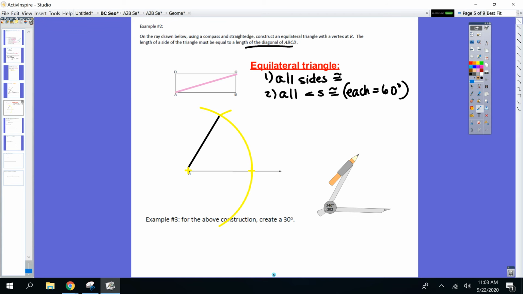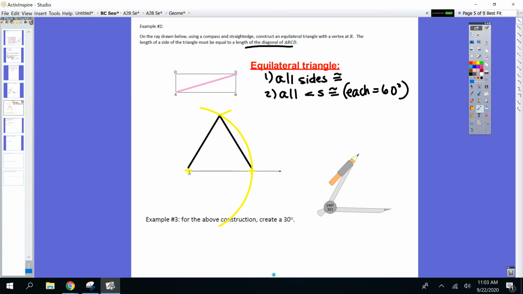I got one side here, second side here, third side: the intersection from the ray and then the intersection of the compass marks. Right here. There it is. Look at that, guys. Equilateral triangle just by doing two arc marks. How nuts is that? Two arc marks, I get an equilateral triangle.